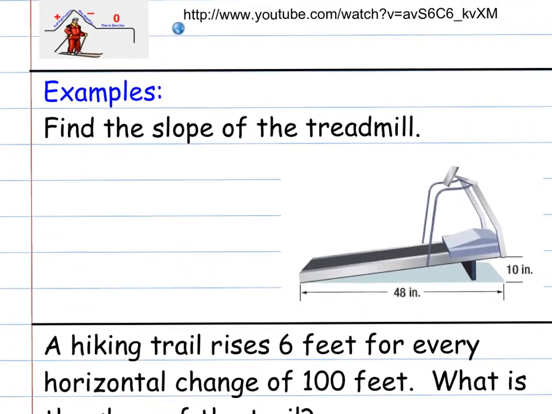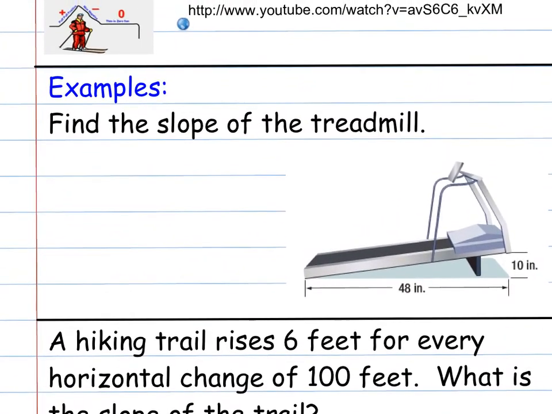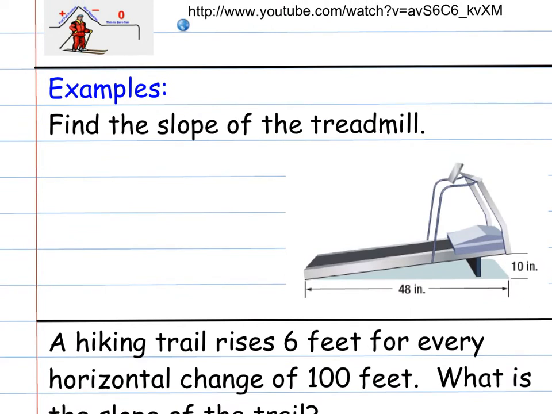Some examples from your textbook. If we wanted to find the slope of the treadmill, notice that the treadmill is going up from the ground. Here it's going up 10. Remember that our slope is rise over run. We are rising 10 inches as we are running 48 inches.